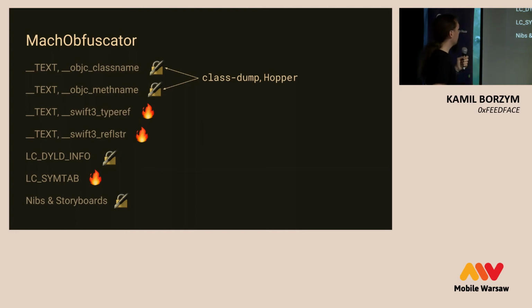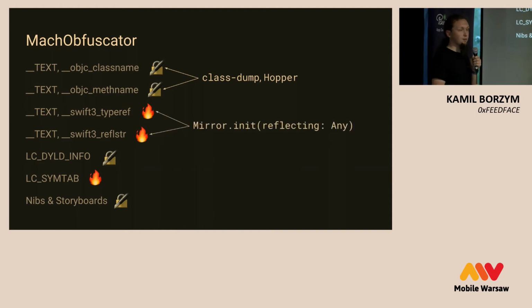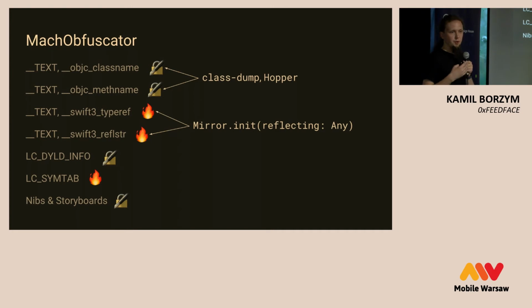Examples of those sections are these two: swift typeref and swift reflstr, and they are used by the structure called Mirror. You can construct this Mirror for any object in your code. Then you can print all the children, superclasses, and you can do introspection.